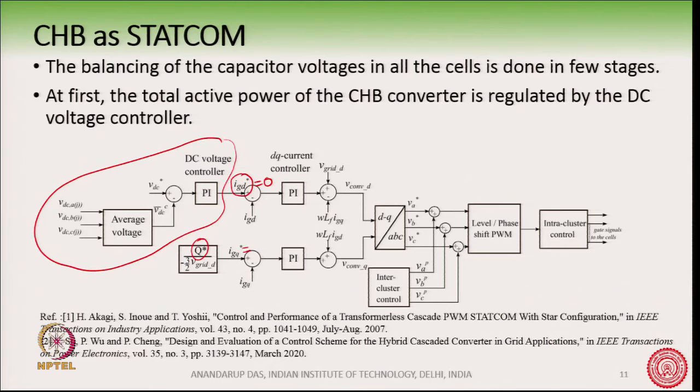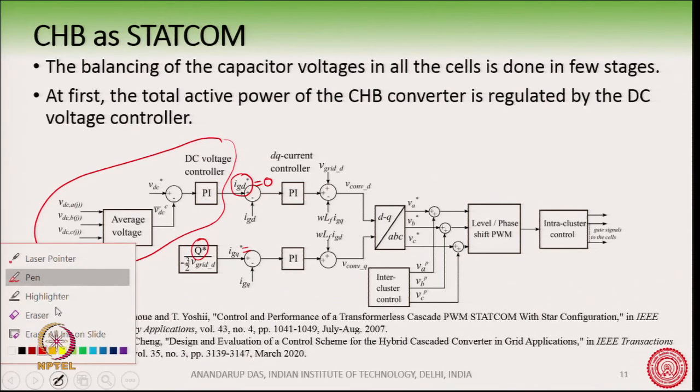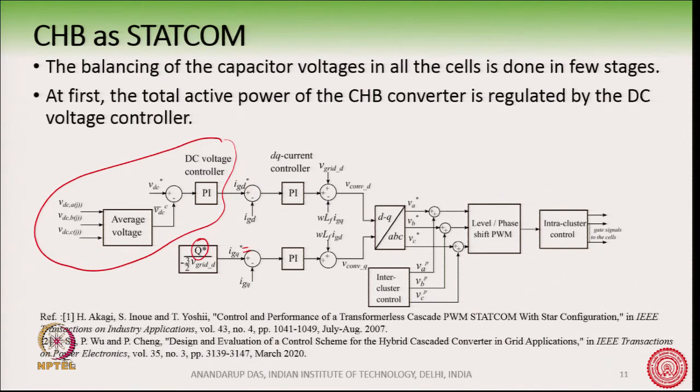Okay. So, accordingly IGQ star is set. Now, in a real STATCOM, there is of course an IGD star coming. Now, how do we set that IGD star?